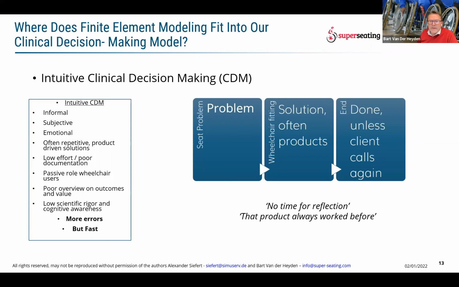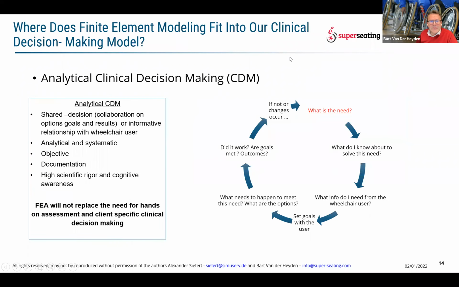But if you go to a more analytical clinical decision-making model, on the next slide please. Can you go to the next slide, Alex? Thank you, sir. Where you're looking at the client's individual needs, and then you figure out, for instance, if the client is sliding, what do I need to know about sliding?